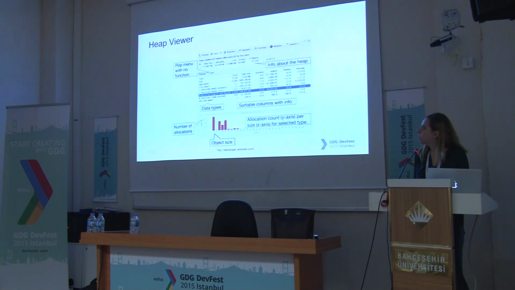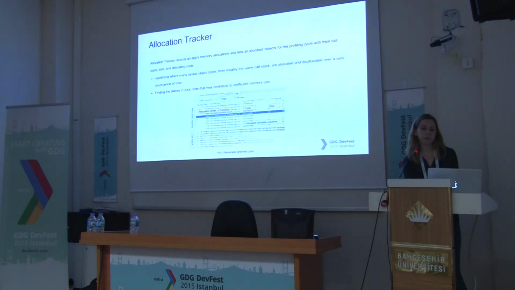Once you select a method, there will be a histogram on the bottom side, and it shows the number of allocations, object size, and also we can see the count of the allocations and the total size of the allocations, and we now know that there is a problem and which method causes this problem.